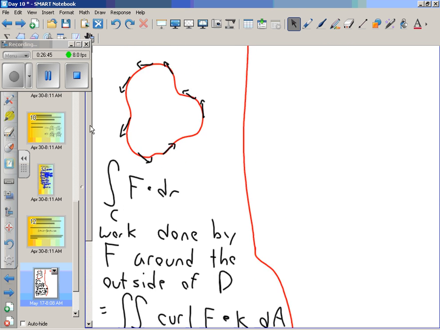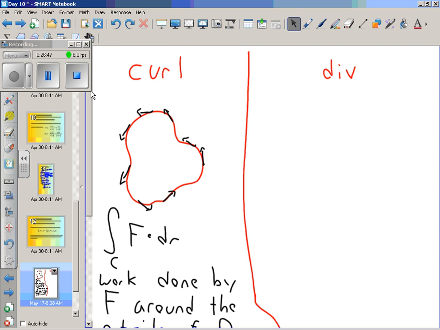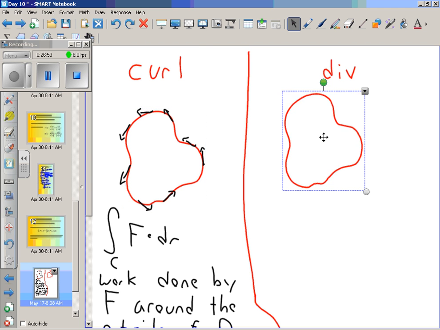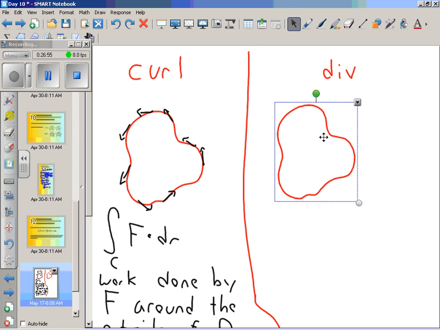Okay, and then let's also think of what we just saw with divergence. Okay, so we have the same region, but instead we were looking at the normal component of all these little normal vectors.